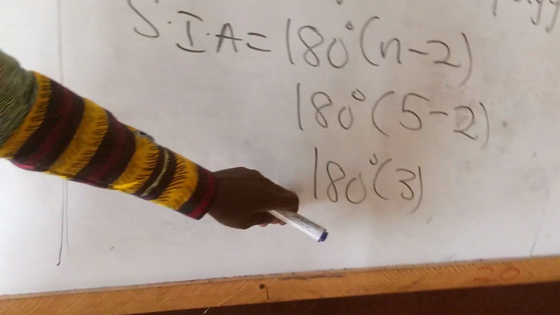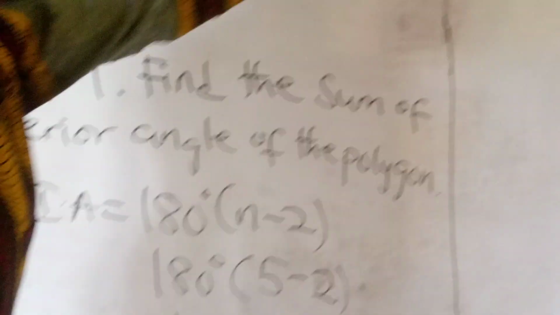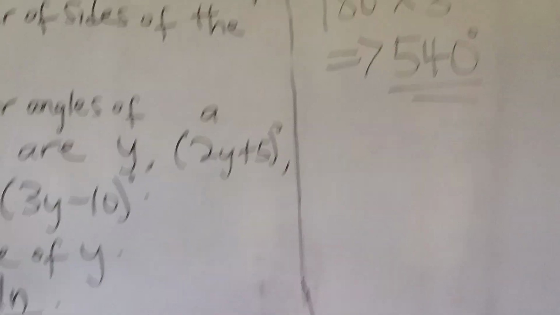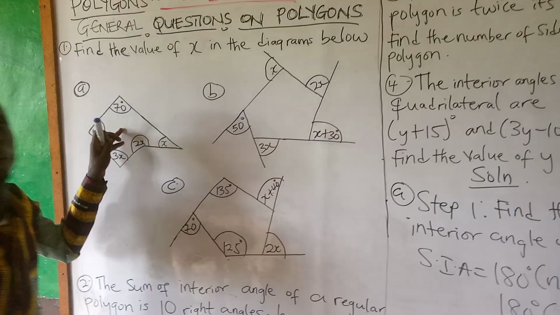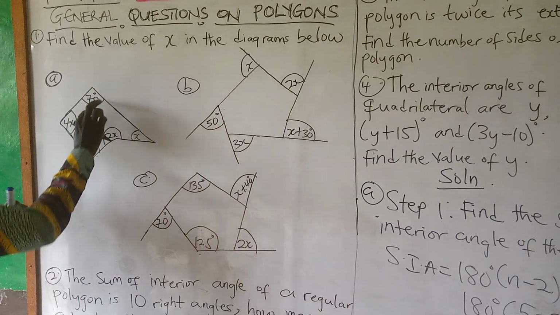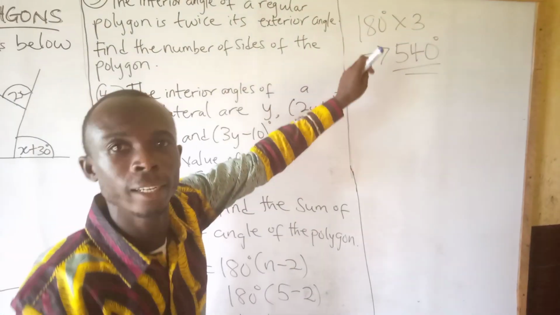The second step, once we know our sum of interior angle, you sum up these interior angles and equate it to the sum of interior angle. I take it again. Once you know your sum of interior angle for this polygon, you sum up these interior angles and equate it to the sum of interior angle.